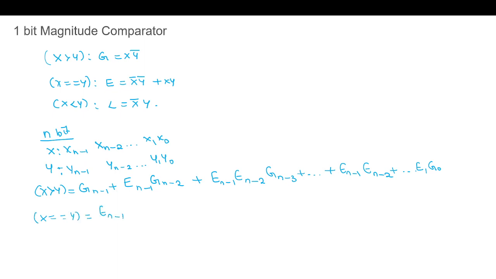And the equal to expression is given as, and the lesser than expression can be obtained this simple way.